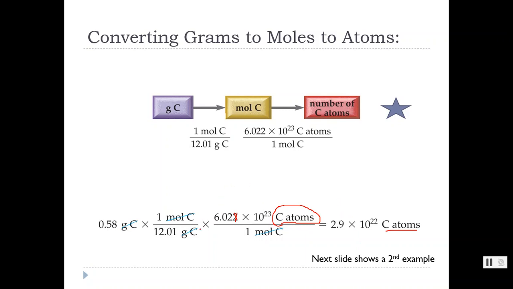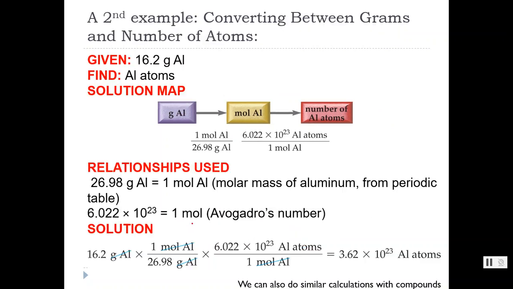So in this example, we used grams of carbon. This next example, which I will let you read through on your own, has a similar setup, but we had grams not of carbon, but of aluminum. And we wanted to know how many aluminum atoms that was. Same two-step process of going from grams to moles, and then moles to atoms.